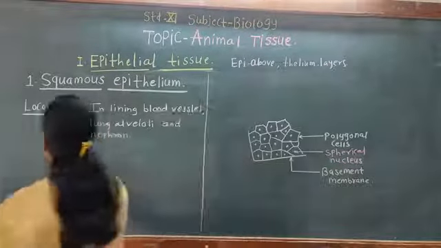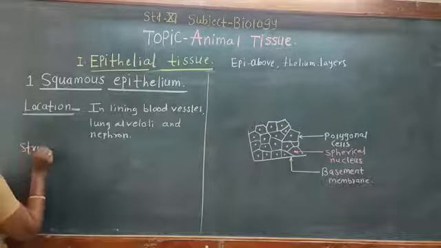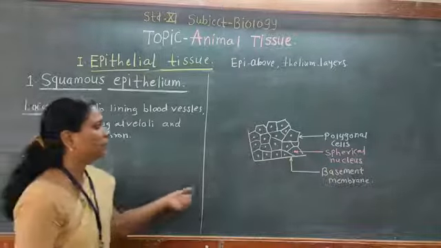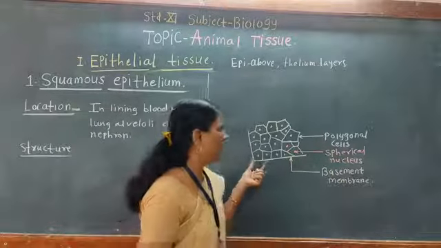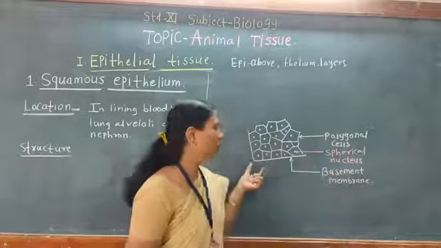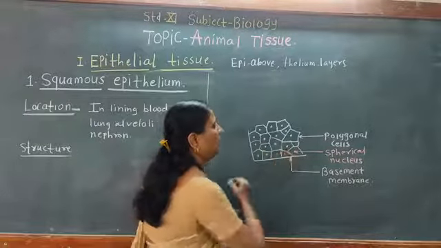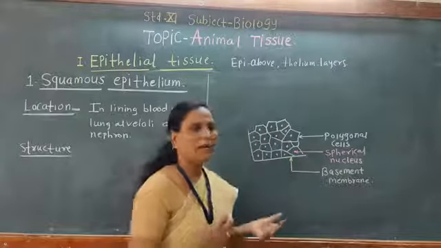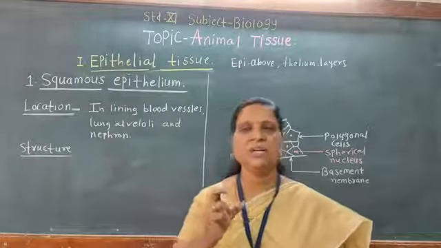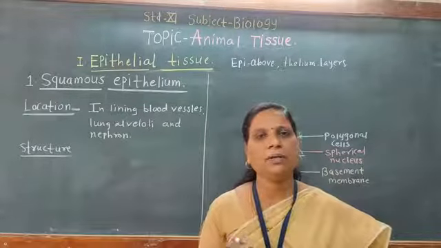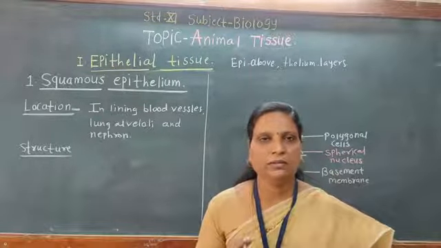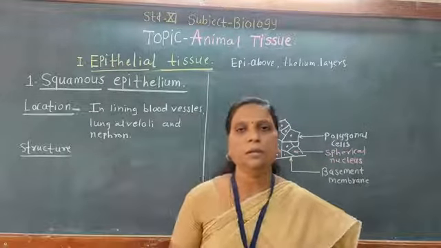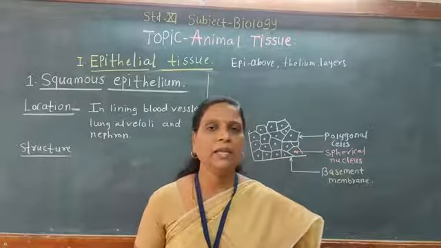Now we will study about the structure. What are the different shapes and how is the nucleus? Here the cells are flat polygonal. Cells shape कसा आहे? Flat polygonal. एकदम flat scale like. म्हणजे माशांचे जे खवले असतात त्या खवल्यांच्या आकाराचे किंवा खवल्यांसारखे पातळ असा त्याचा साइज असतो. Polygonal means they have many angles.